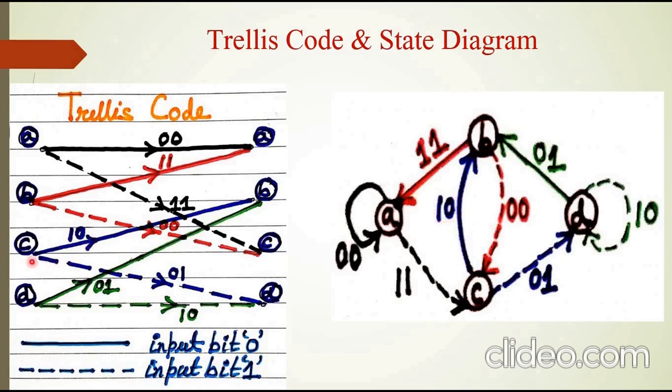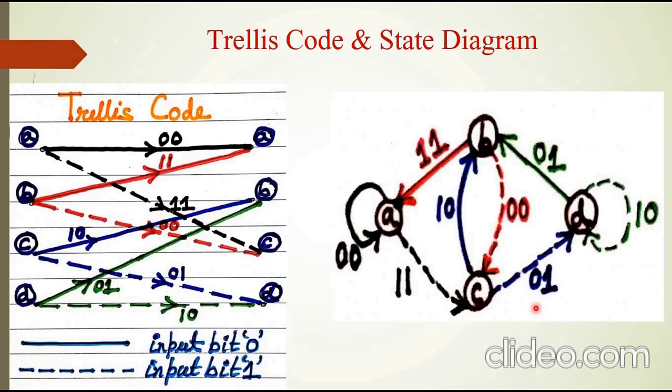If the current state is C and the input is 1, meaning a dash line, then the next state will be D. So from C to D is a dash line, and the output is 0 1. So write 0 1 over here.